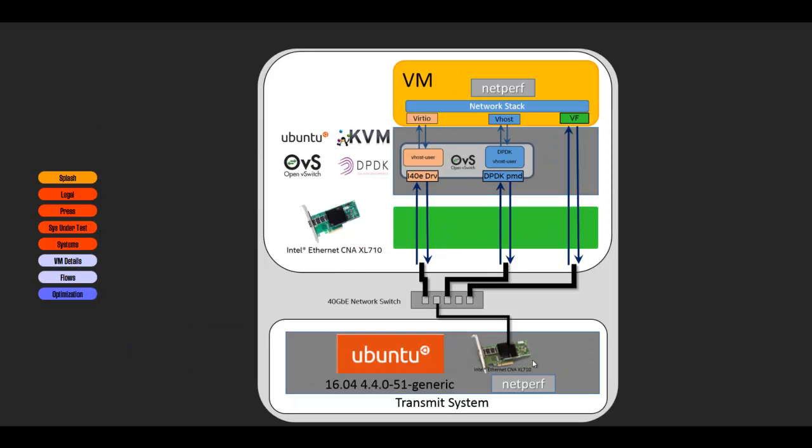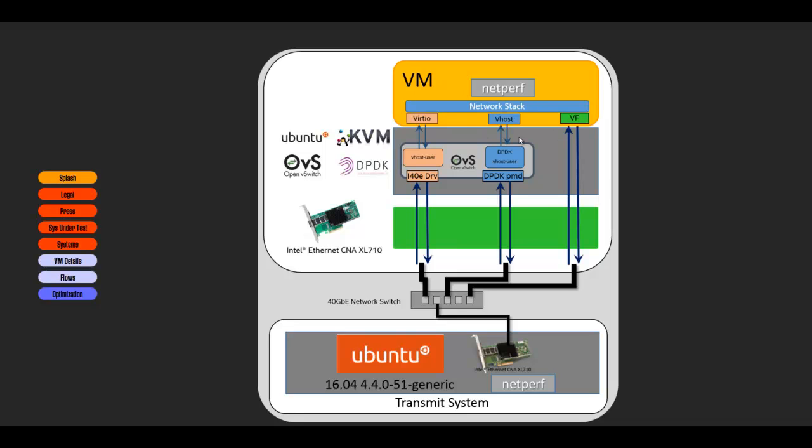Each VM is an Ubuntu virtual machine running on top of the system under test, and each of them has 3 different network interfaces. We have the SR-IOV virtual function that's associated with the Intel 40 gig device.